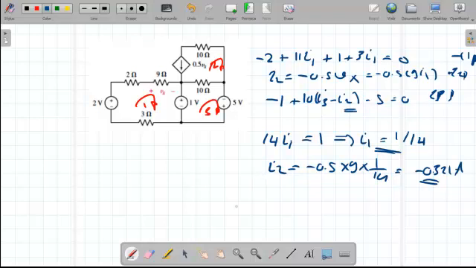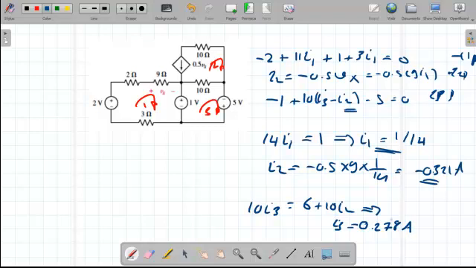We will find that 10 I3 equals 6 plus 10, so I3 will equal 0.278 amp.